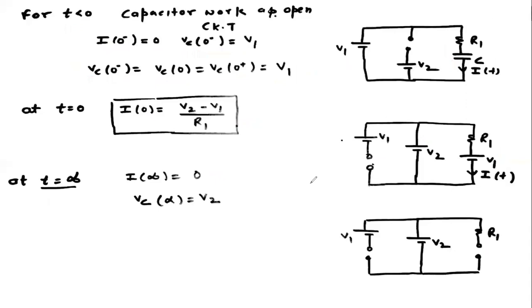So the capacitor voltage becomes equal to V2. So the value of vC(0 minus) and vC(0 plus) is V1, i(0) is V2 minus V1 upon R1, the steady state current i(infinity) is 0, and vC(infinity) is equal to V2.